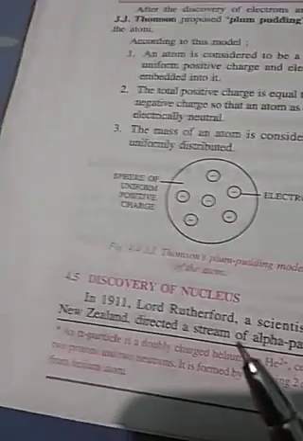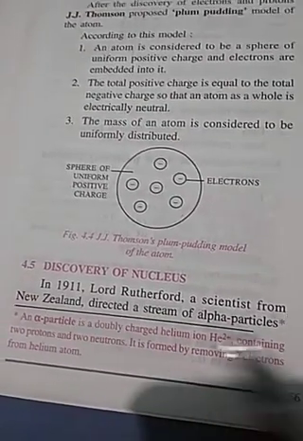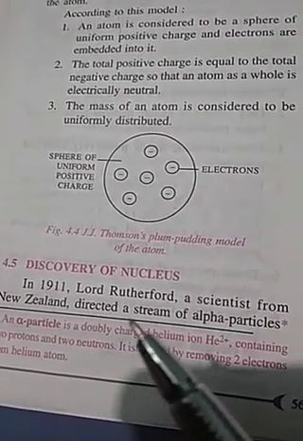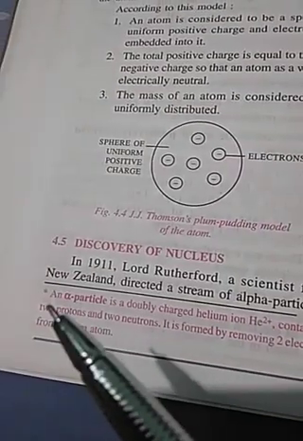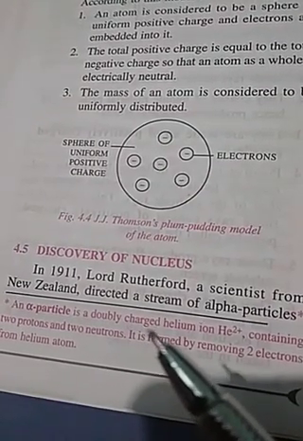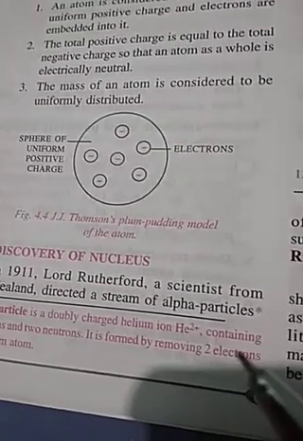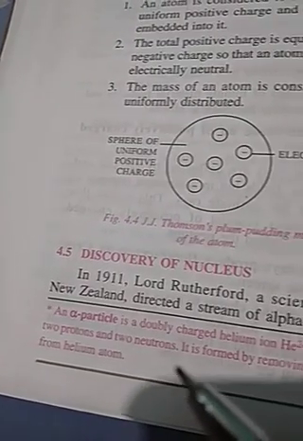You can see here Lord Rutherford, who was New Zealand's scientist, directed a stream of alpha particles. What are alpha particles? An alpha particle is a doubly charged helium ion containing two protons and two neutrons.